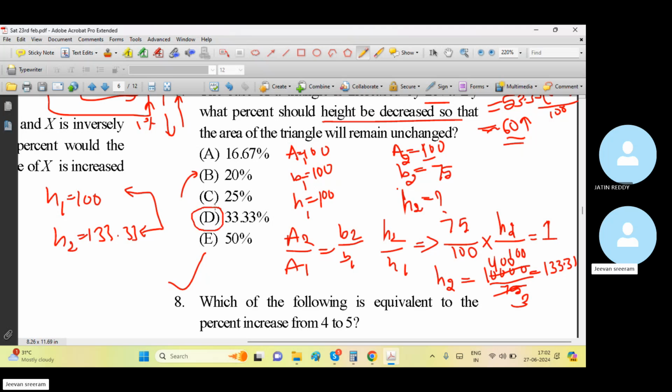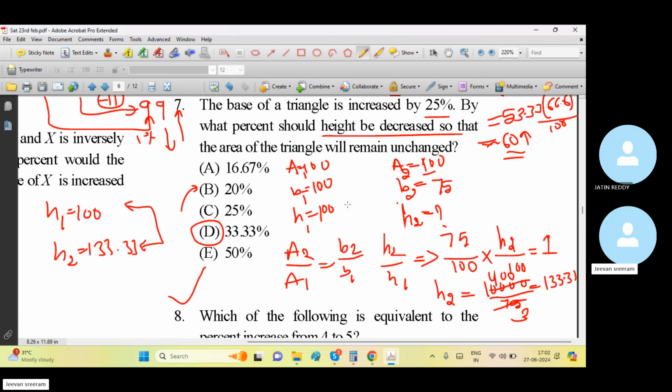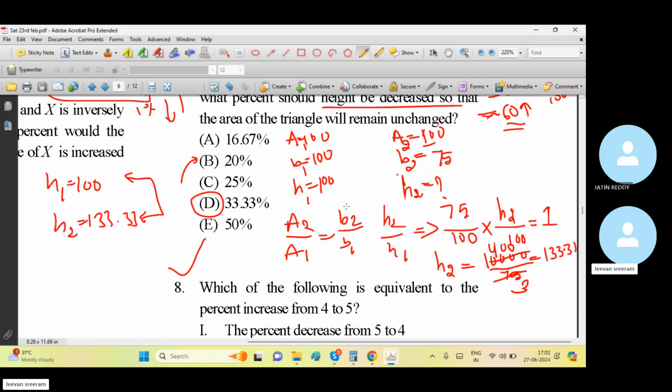Yeah, to get the area the same, to maintain the triangle's area. But they're asking for decrease, right? Are they asking for the percent the height should be decreased so that the area of the triangle will remain unchanged? So it should be a decreased quantity, but we have got 133, no?